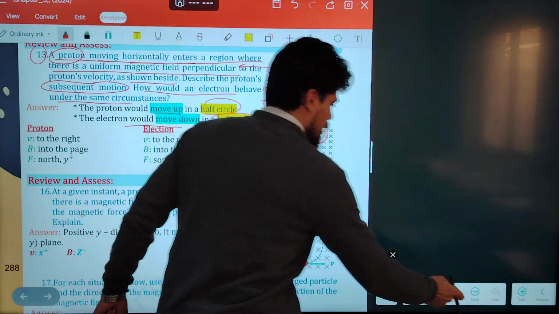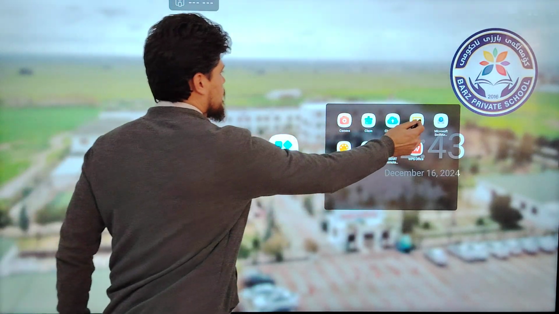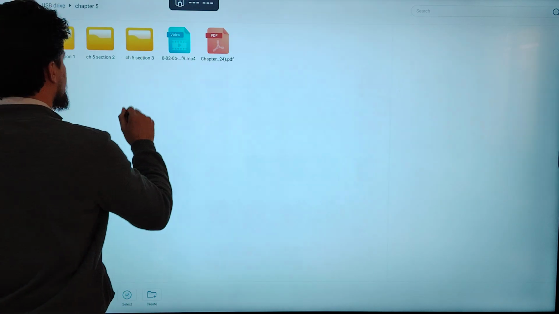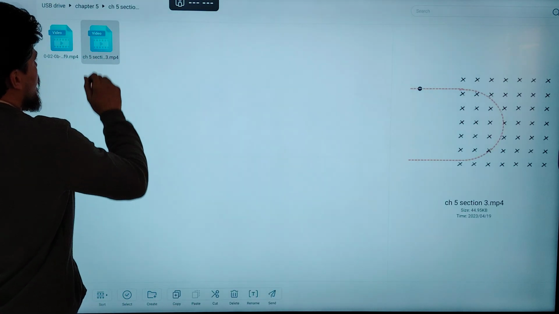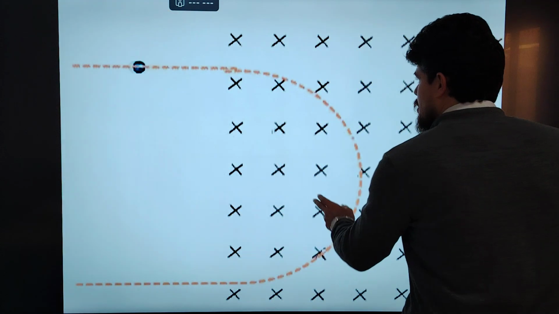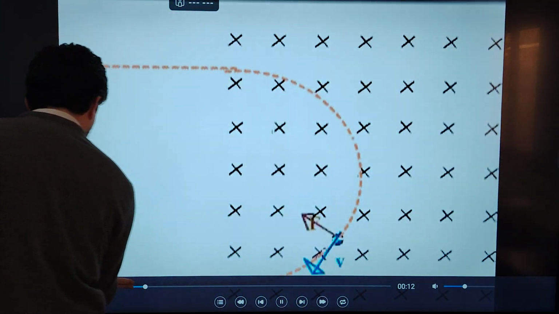As you can see in this animation, look, guys, we have a charged particle.